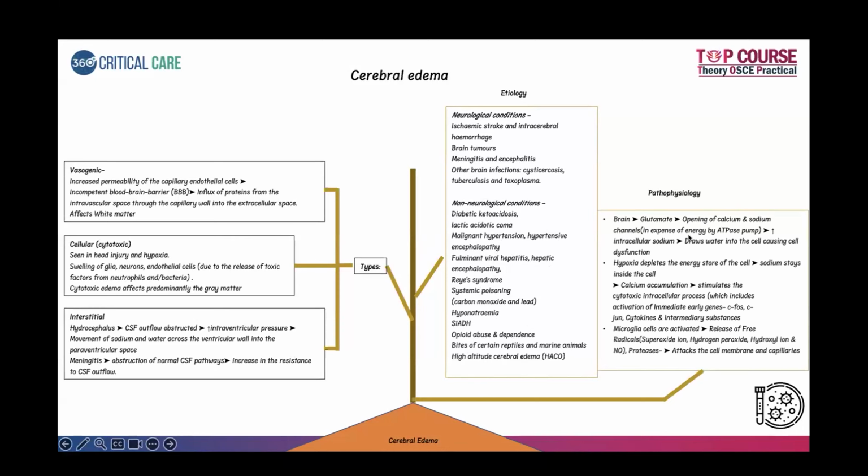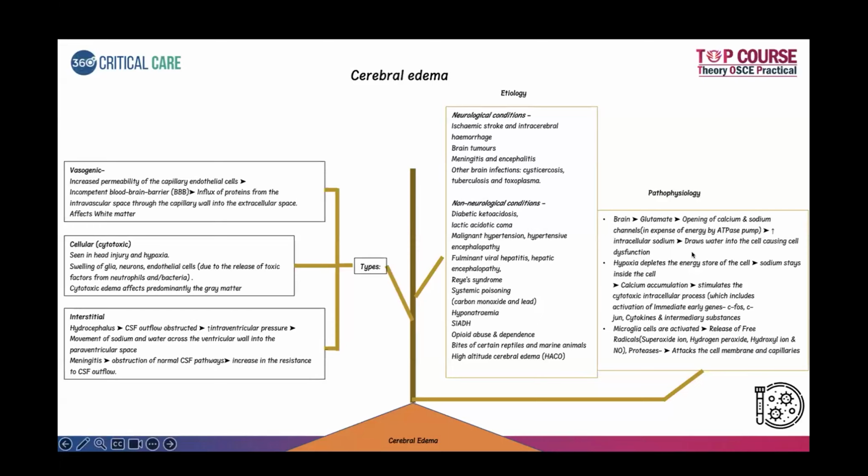Pathophysiology, again, as I told, this is the standard way of answering. In the brain, there is excitatory glutamate, there is opening of calcium and sodium channels, increased energy expenditure by the ATP pump. So there is ATP exhaustion, leading to less ATP to the cells, thereby the cell starts to die.